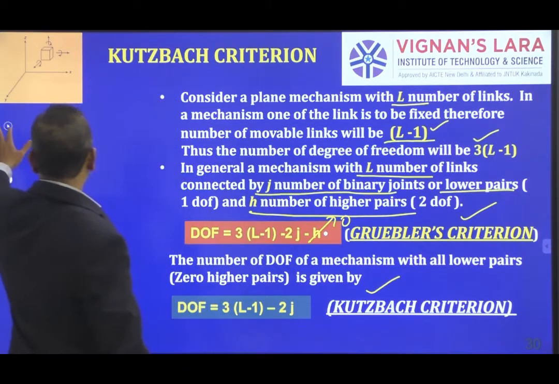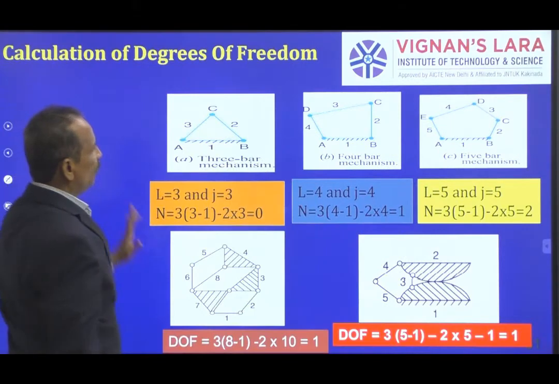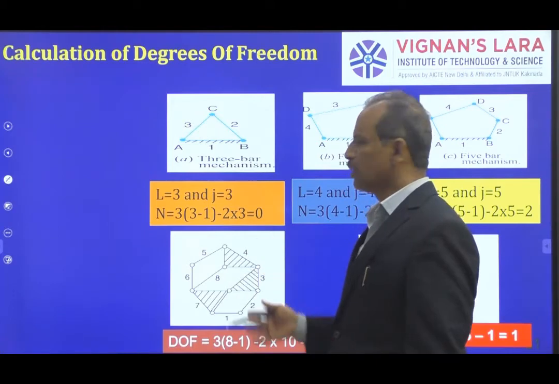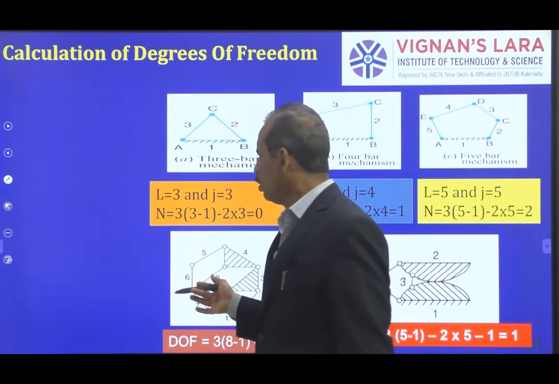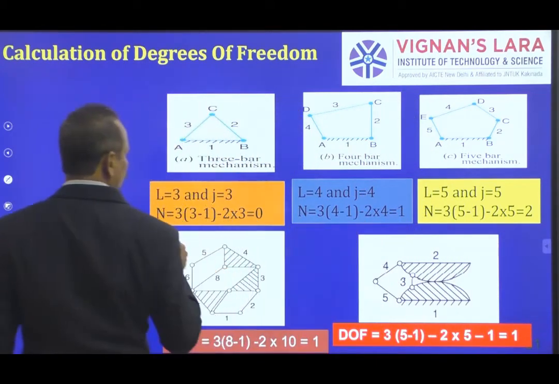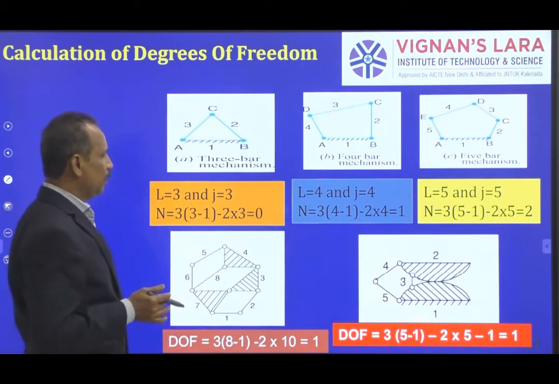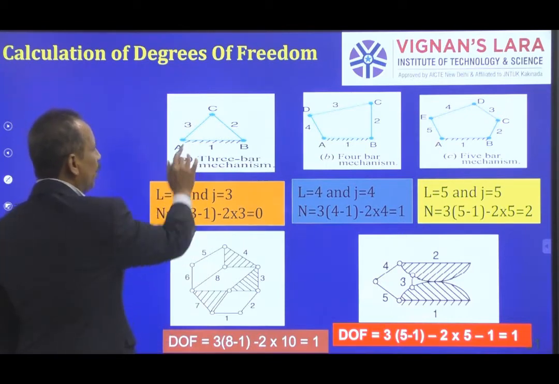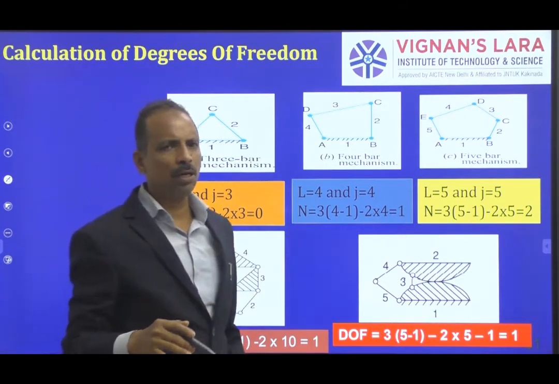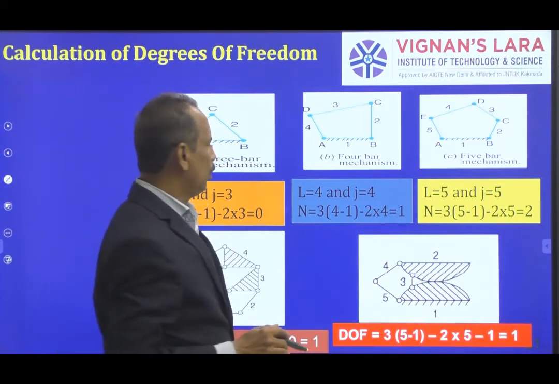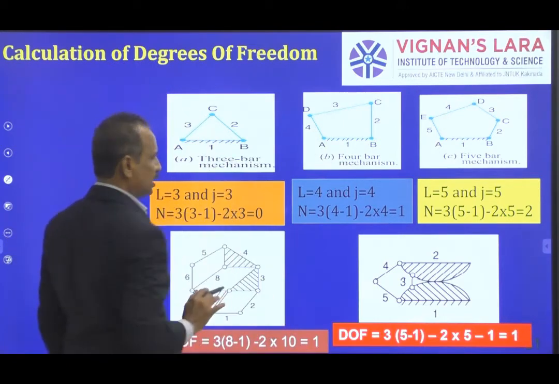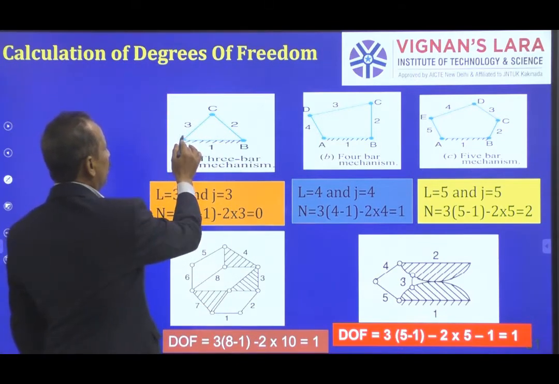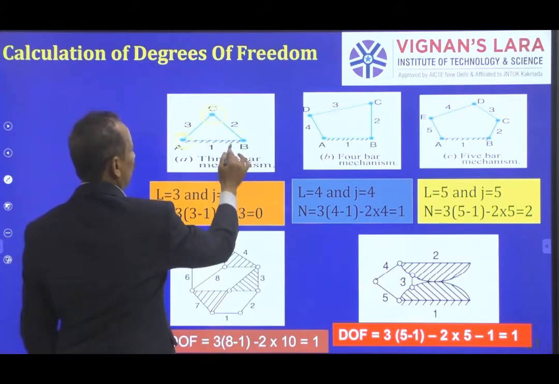Now I will apply this to various mechanisms. Let us see how I can use that formula, 3 into L minus 1 minus 2j minus h. Take a 3-bar mechanism. Basically this cannot be called a mechanism, and I will tell you why a bit later. Let us say the number of links here is 3 and the number of binary joints is 3.